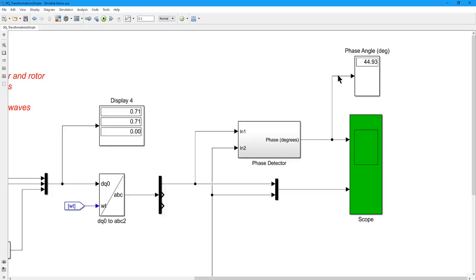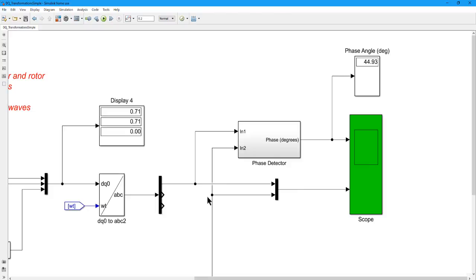And we also are tapping off to this multimeter device, which reads out the actual phase shift in degrees. In the second channel of the scope, we will just take both of the input sine waves and put them on top of each other using this multiplexer so that we can see the two sine waves on top of each other and the relative phase shift.